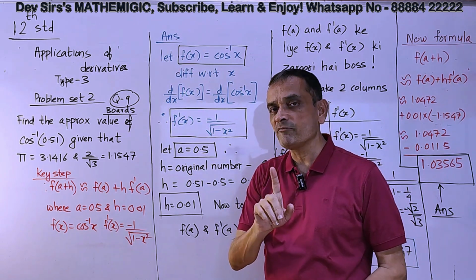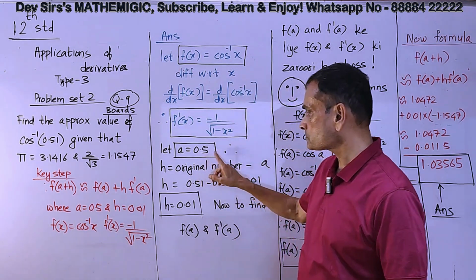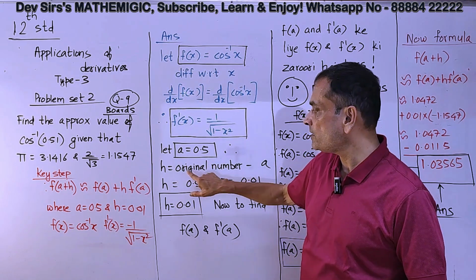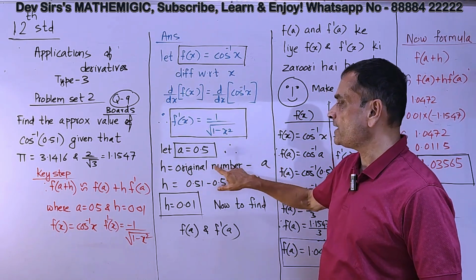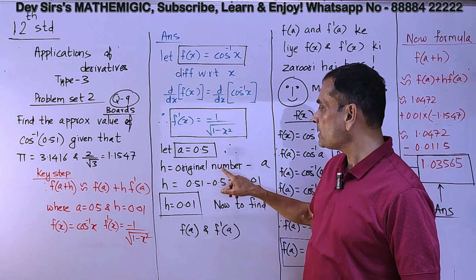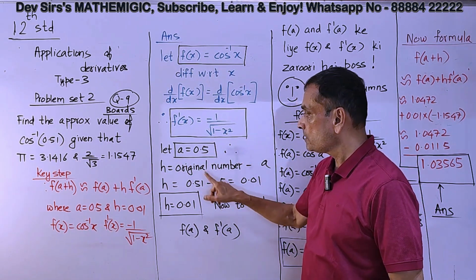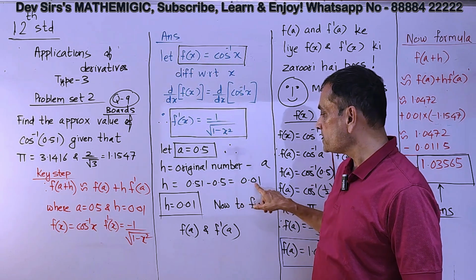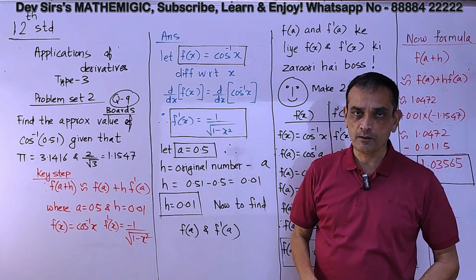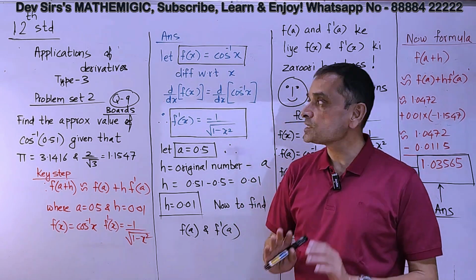Keep in mind, 0.5 means 1 by 2. After selecting a, you have to find the difference between the original number and a. The original number is 0.51. 0.51 minus 0.5 gives you 0.01. The value of h is 0.01.